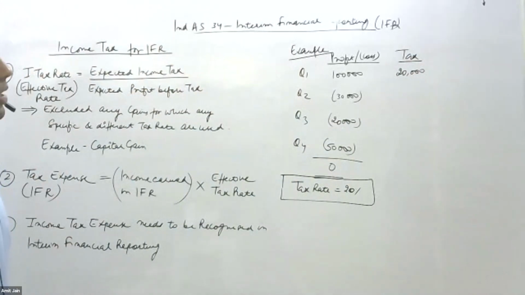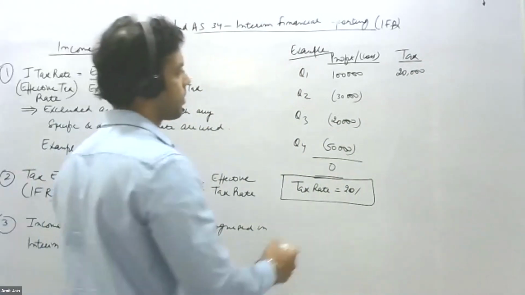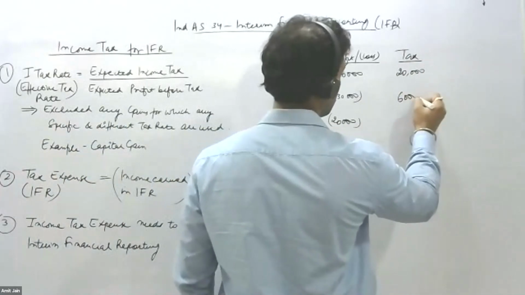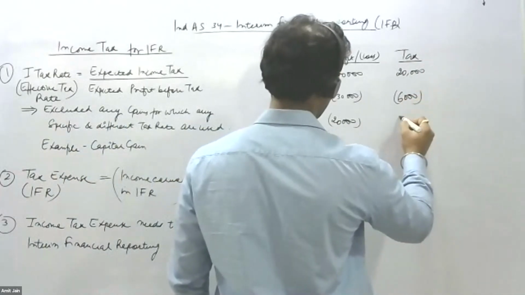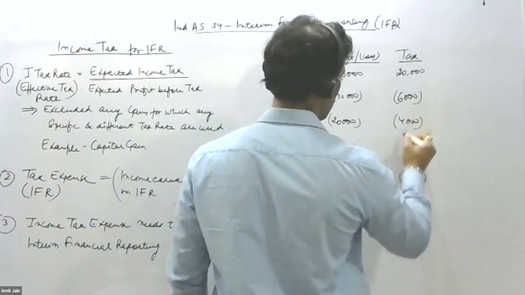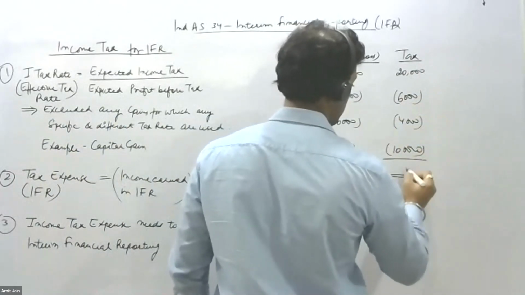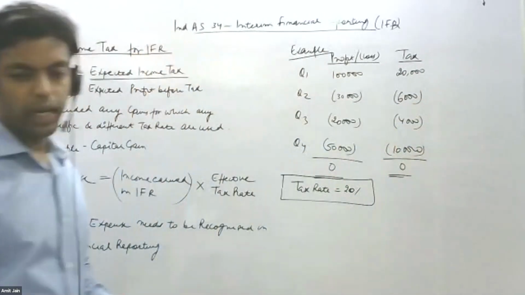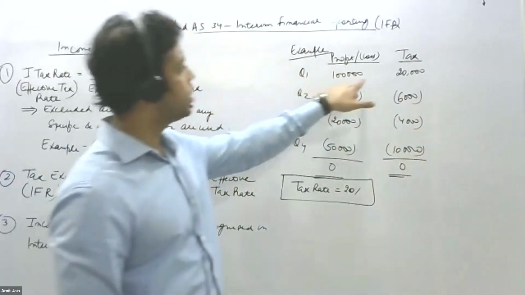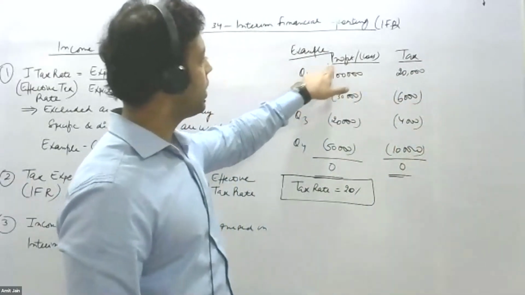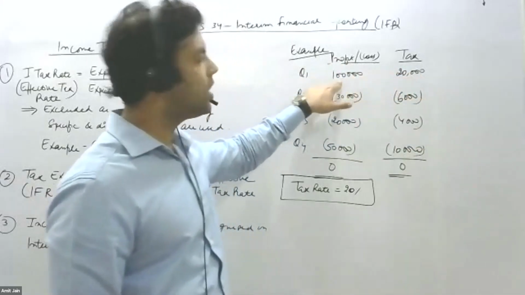And how will it get reversed? 6,000, 4,000 and 10,000, like this. But the income tax needs to be recognized in the period in which the company has earned the profit.